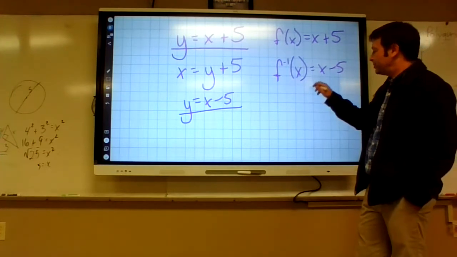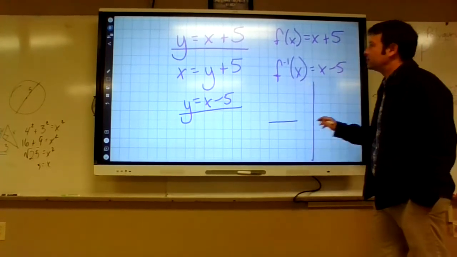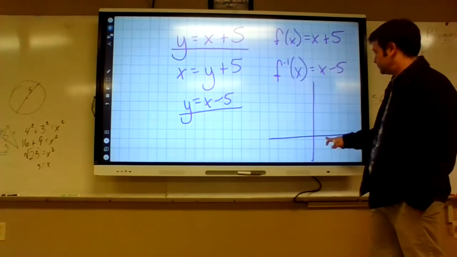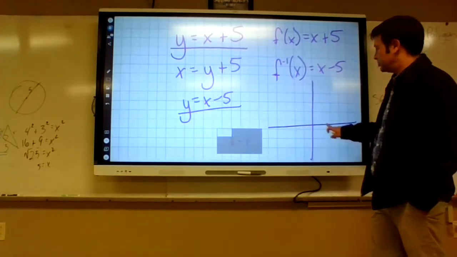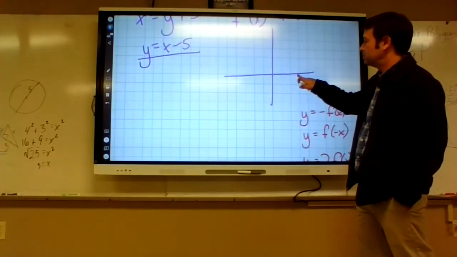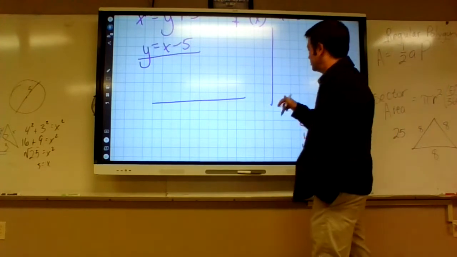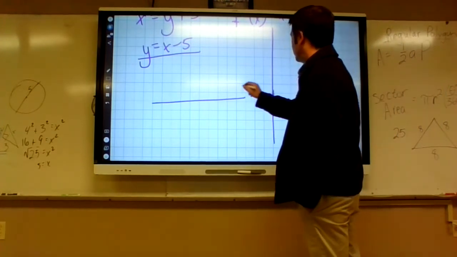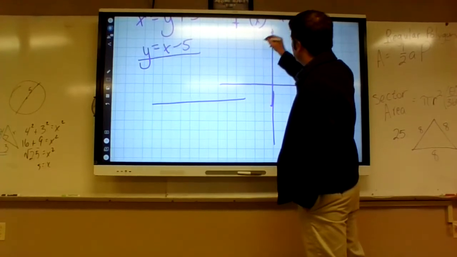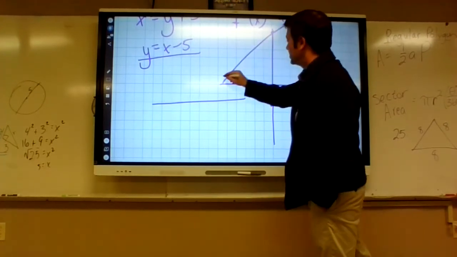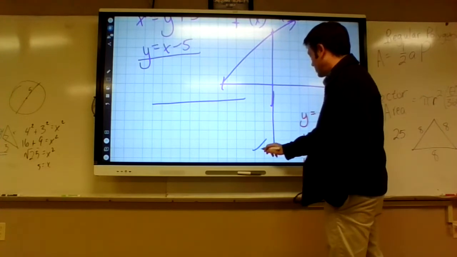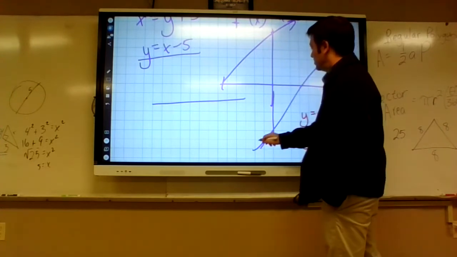When you graph it, x plus 5 looks like this, and x minus 5, 1, 2, 3, 4, 5, looks like this. And so it's like the reflection.